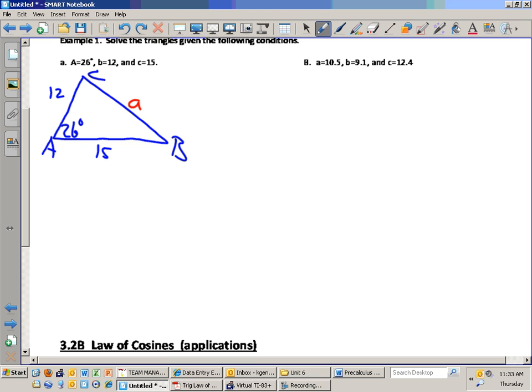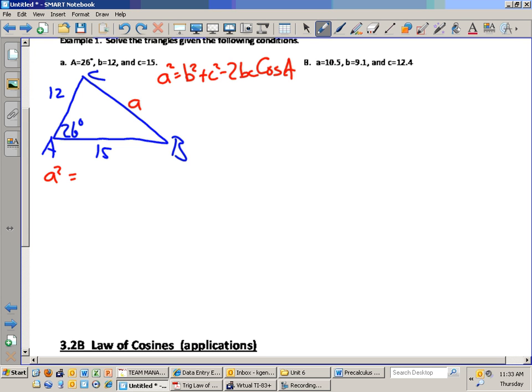Which of your 3 formulas would you like to use? The A squared equals, B squared equals, or C squared equals? A squared. So it says A squared equals B squared plus C squared minus 2BC times the cosine of A. That's our formula. So it's time to start plugging in the values. What's A squared? We don't know.